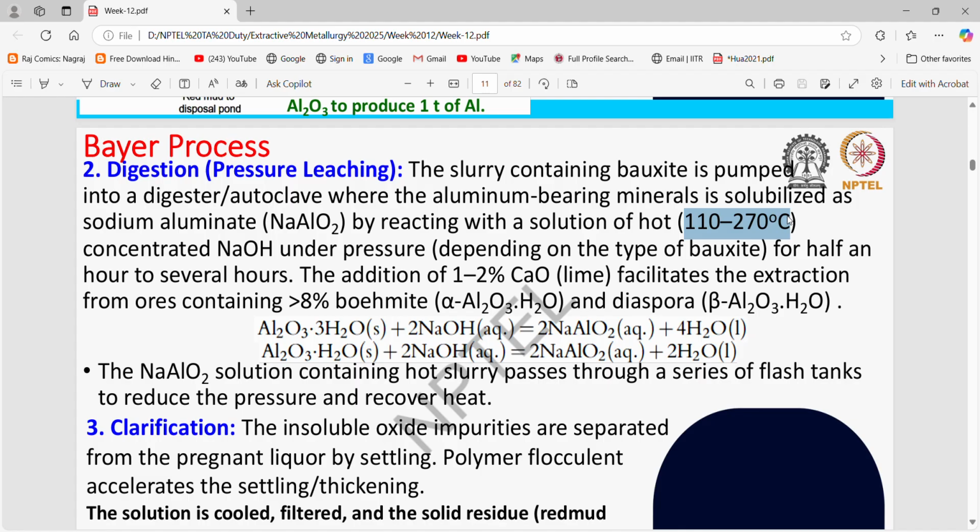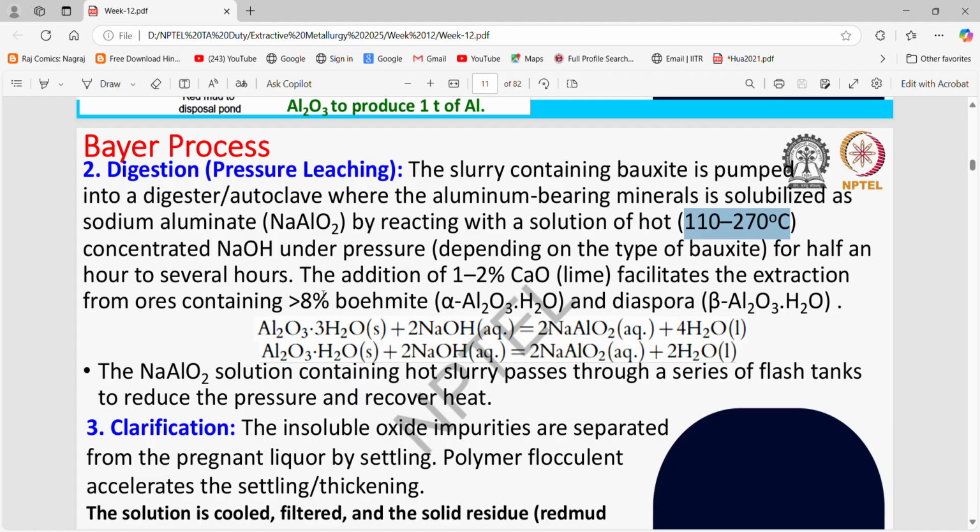It should not get converted into the vapor form, because vapor form will not help in the leaching process at all. So we have to increase the pressure at the same time as we increase the temperature for the Bayer's process or digestion process.